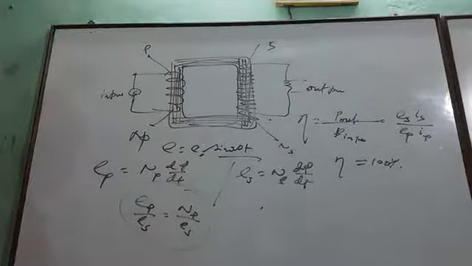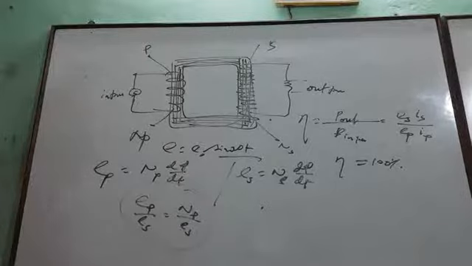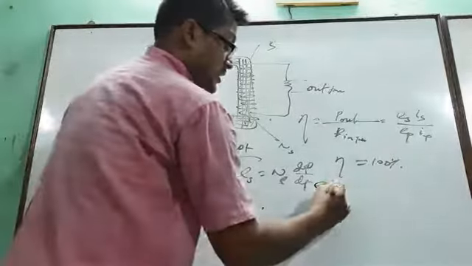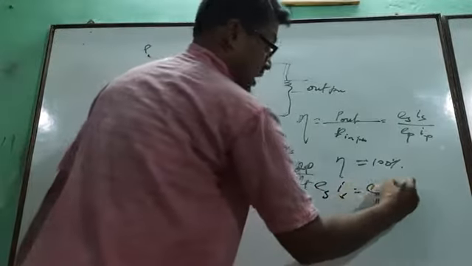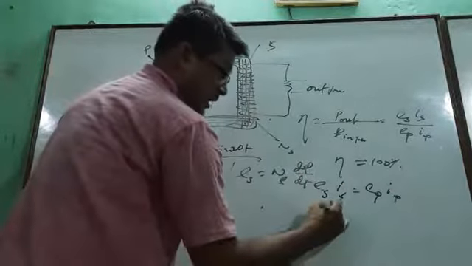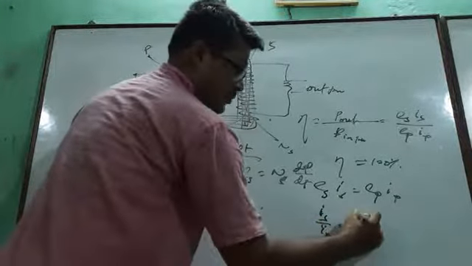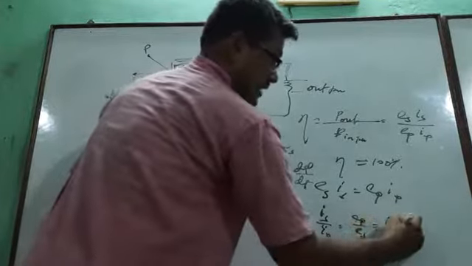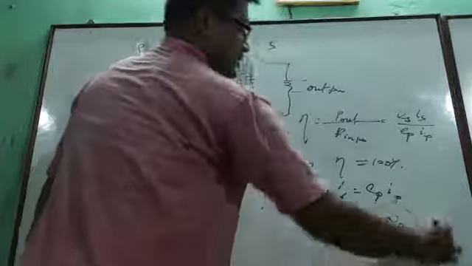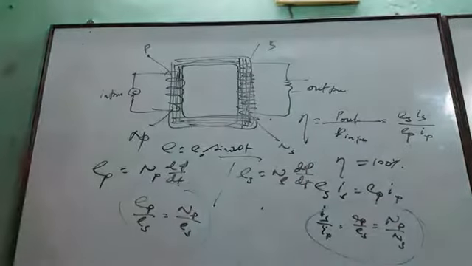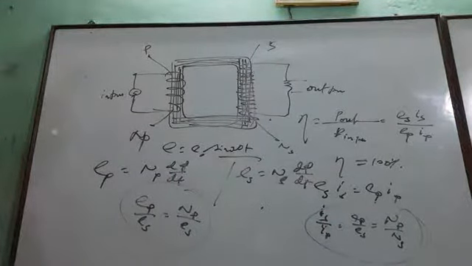If we consider an ideal transformer at 100%, then ES equals EP, or IS by IP equals EP by ES, that is NP by NS. So this relation can be applied in the case of an ideal transformer.